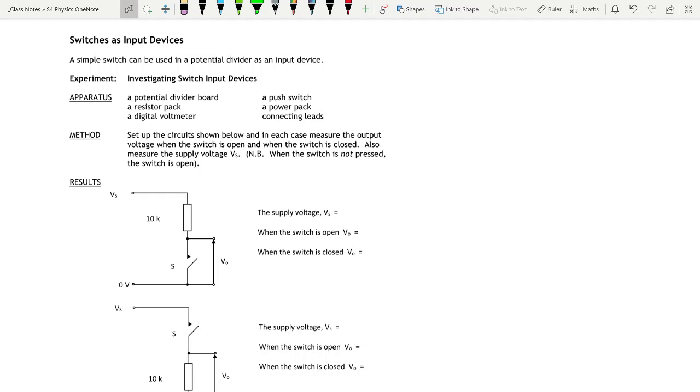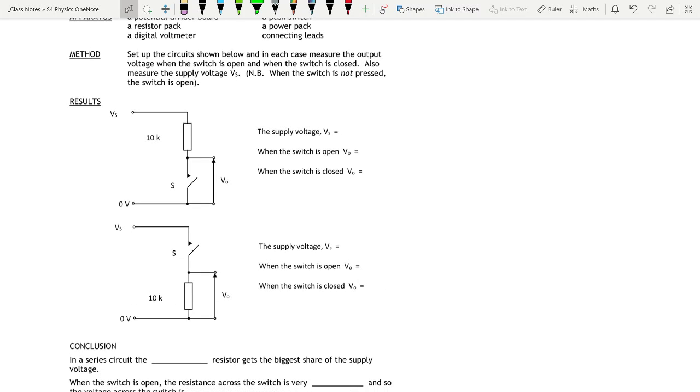So we're looking at two different circuits here. The top circuit has a resistor at the top and a switch at the bottom, and we're measuring the voltage out across the switch at the bottom.